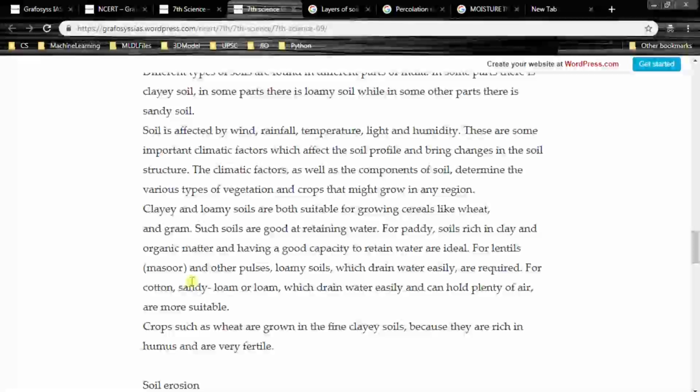Soil is affected by wind, rainfall, temperature, light and humidity. These are some important climatic factors which affect the soil profile and bring changes in the soil structure. The climatic factors as well as the components of soil determine the various types of vegetation and crops that might grow in any region.